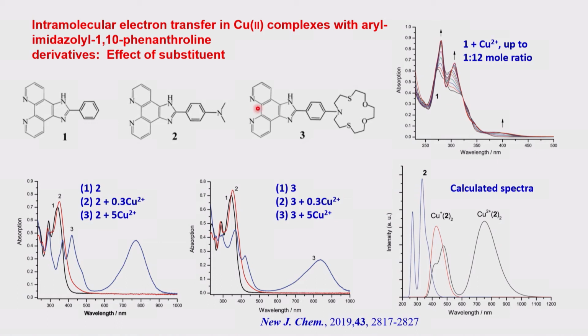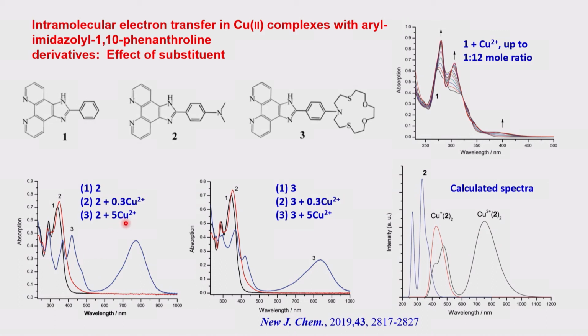Now if you take even the second compound, which has the dimethylamino group, here only the major spectra are shown. This is the ligand, and then you have the 2, which is this red one, and the 3. For the 2, a very small amount of copper is added, 0.3 equivalents, and then you find this spectrum.